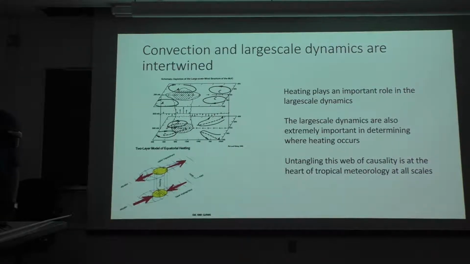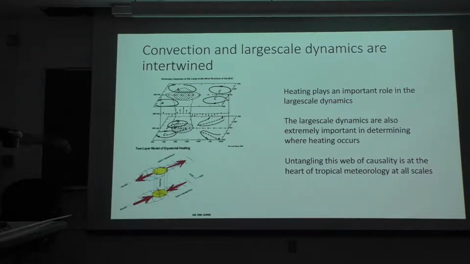So the basics of tropical meteorology is that the large scale and the convection itself are extremely intertwined. Any convective heating that we have has a large scale effect, and the large scale also has consequences for the convective heating itself.